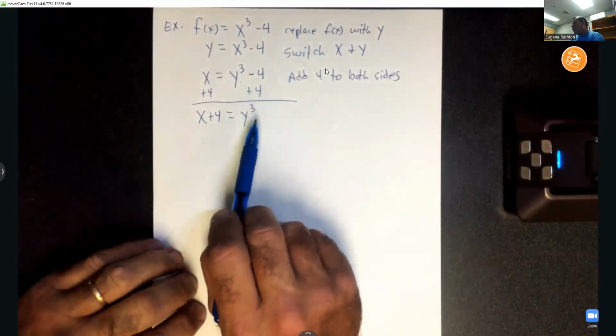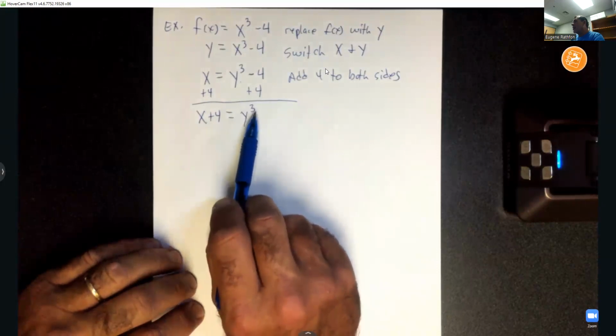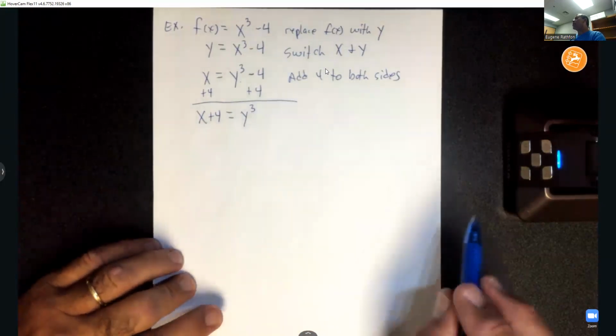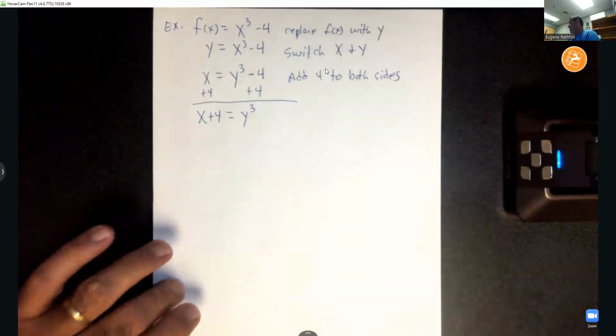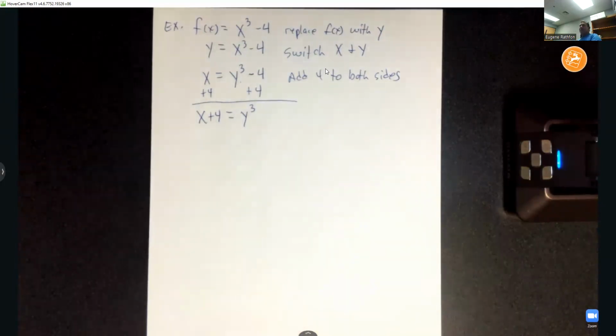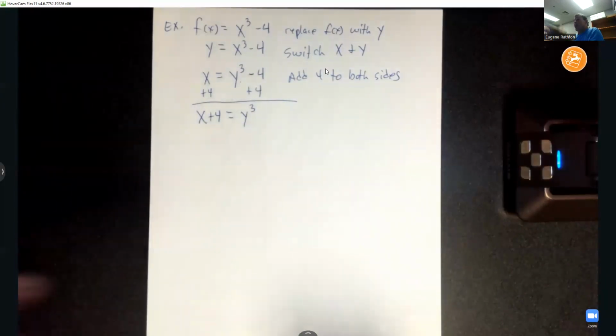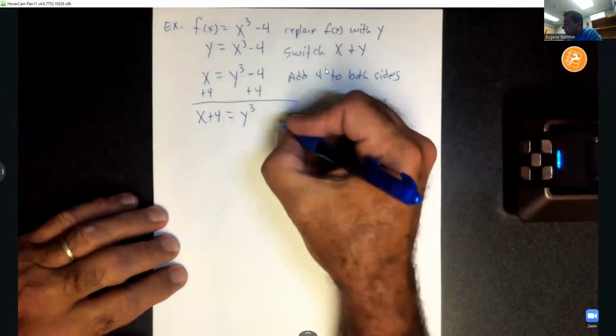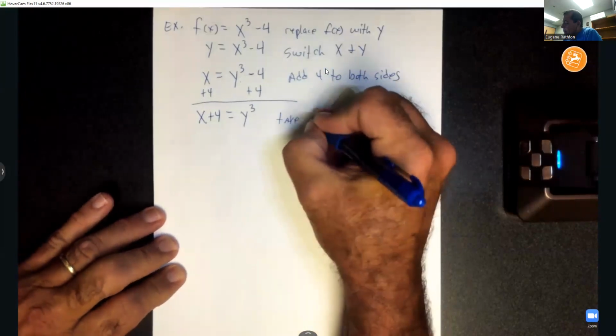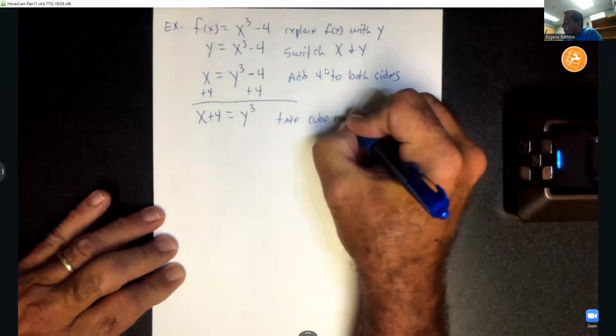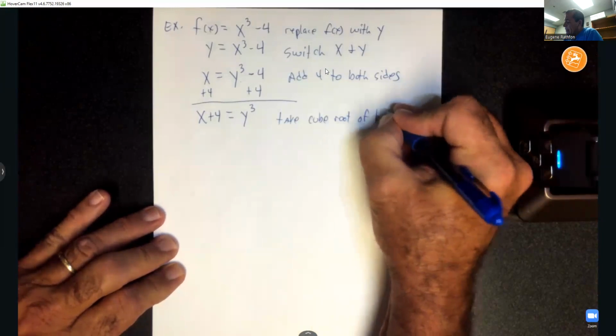So how in the world can I turn this y cubed into just a y? Oh man, that's pretty good. Good job. A cube root. So really, whatever that exponent is, what I would do to it. So good job. So we will take the cube root of both sides.